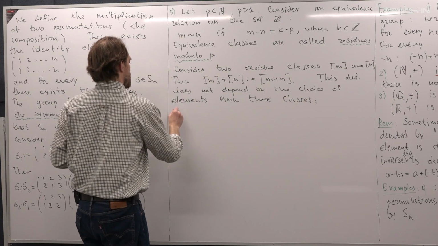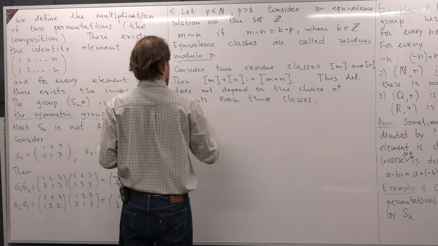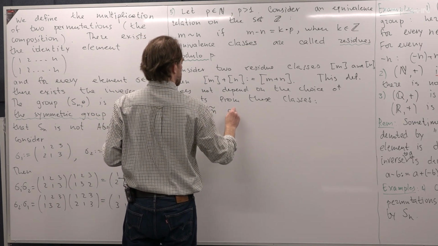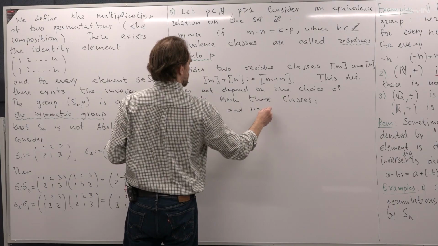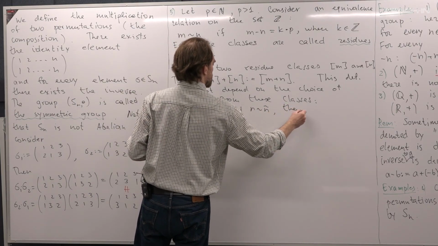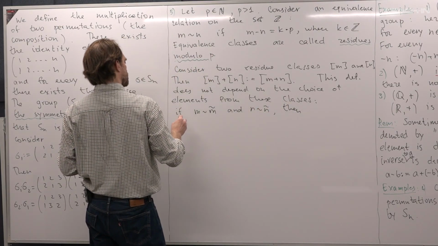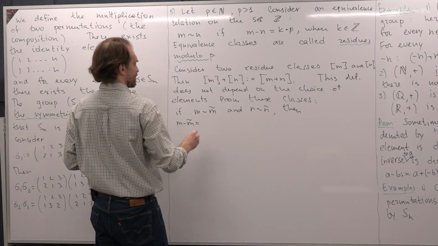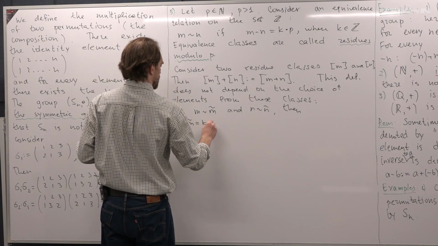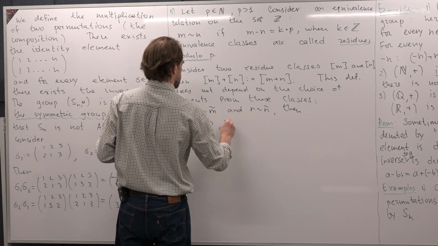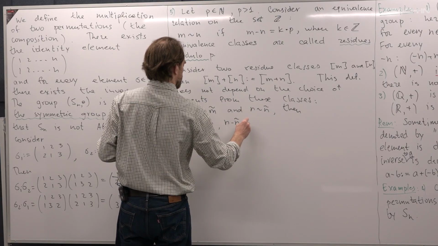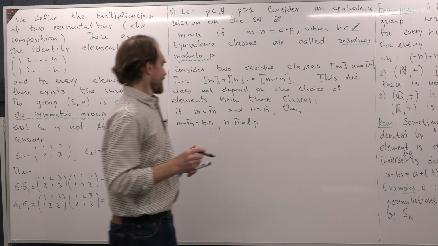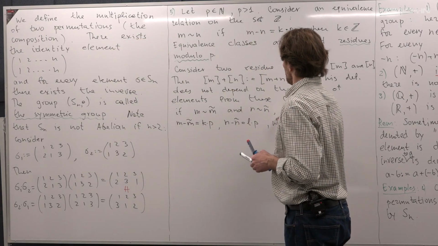So why? If M is equivalent to M tilde and N is equivalent to N tilde, then M minus M tilde is equal to K multiplied by p, and N minus N tilde is equal to L multiplied by p for some K and L.